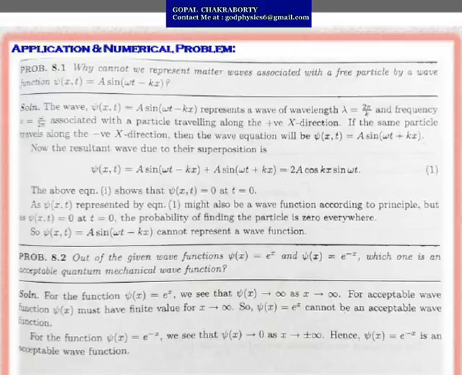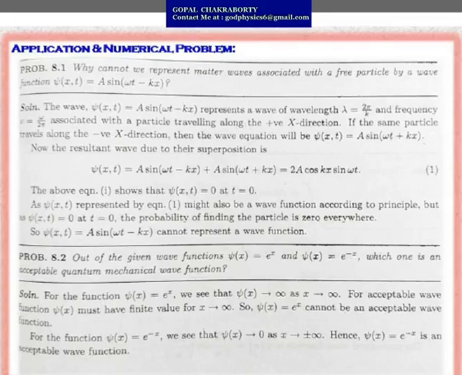The wave psi of x, t equals a sine omega t minus kx represents a wave of wavelength lambda equals 2 pi by k, and frequency nu equals omega by 2 pi, associated with a particle traveling along the positive x direction. If the same particle travels along the negative x direction, then the wave equation will be psi of x and t equals a sine omega t plus kx.